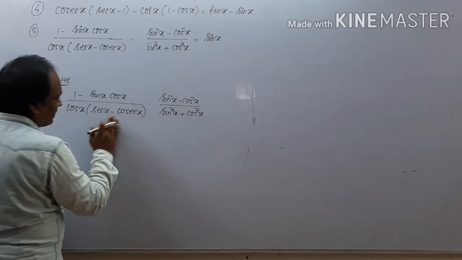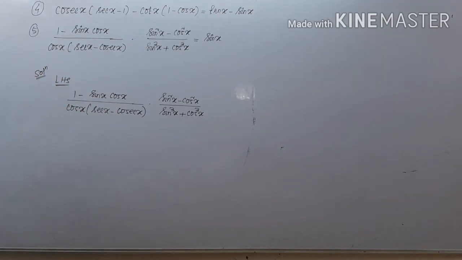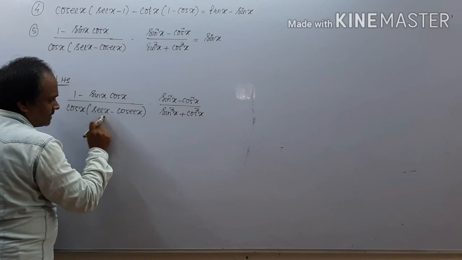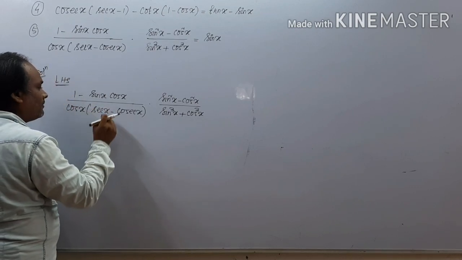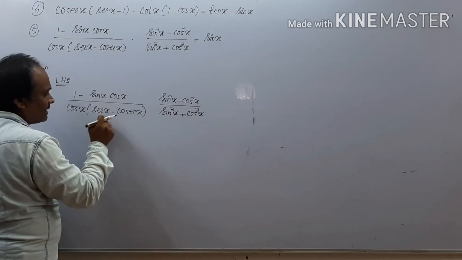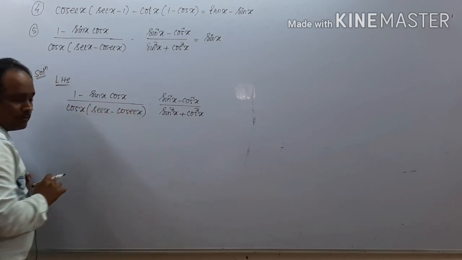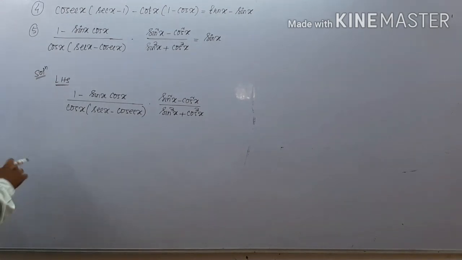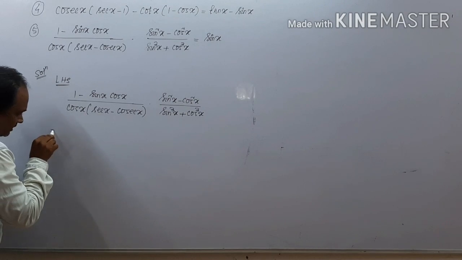So see here almost all the terms are in the form of sin cos, but here this is sec x and this is cosec x. So at first I will write in the place of sec x as 1 by cos and here 1 by sin, right? After that we will do some more simplification, right?